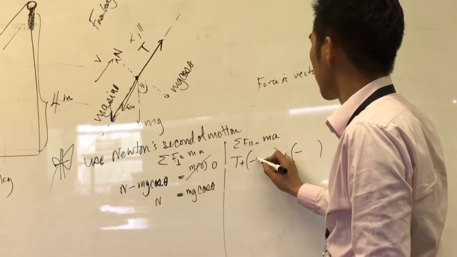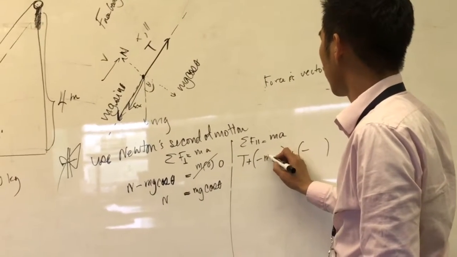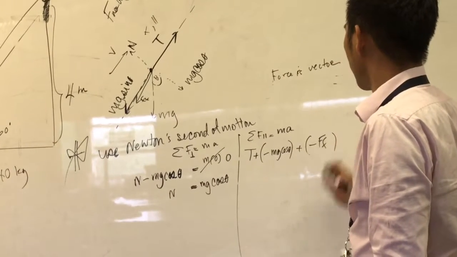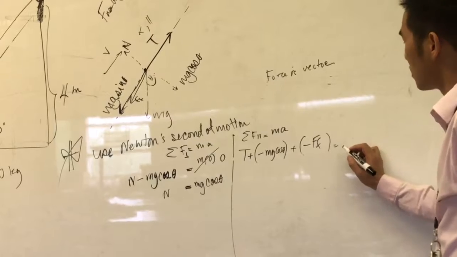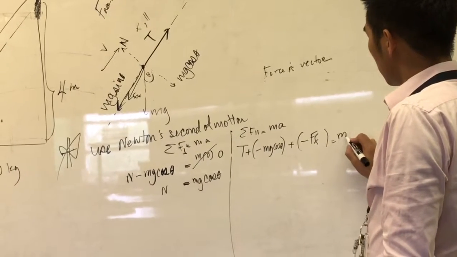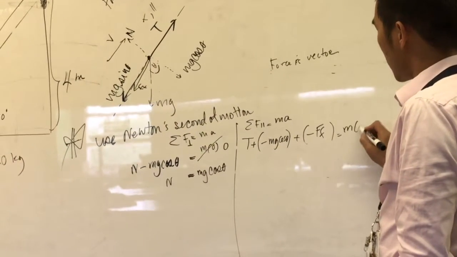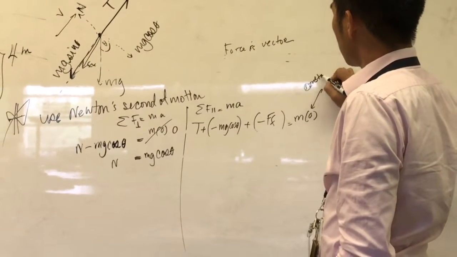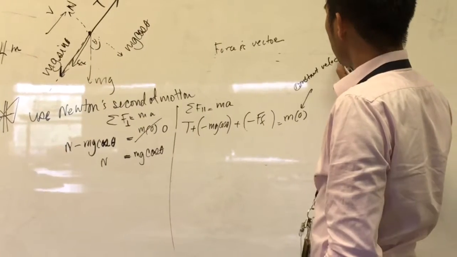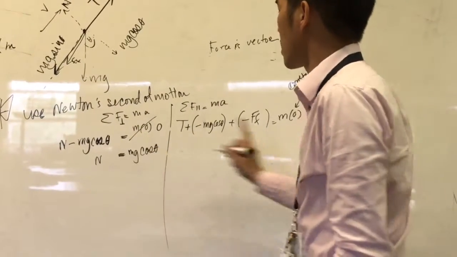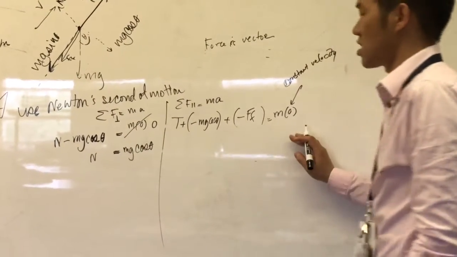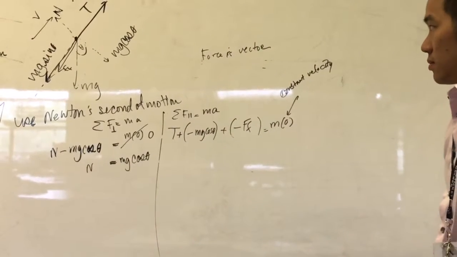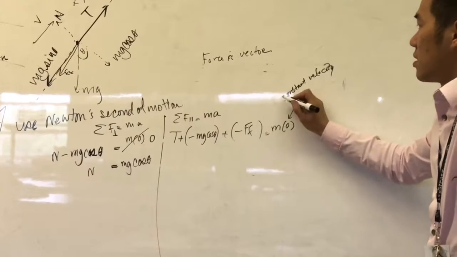What's the first force that slows the motion down? mg sine. Second, the kinetic friction. This equals ma, but we know a is 0, because there's constant velocity. Both sides of the equation have the same thing, 0, but not for the same reason.